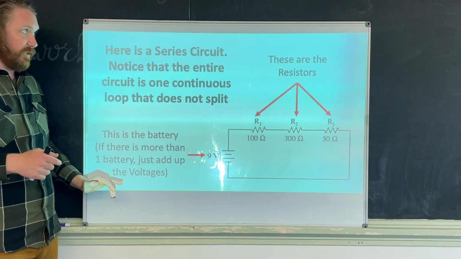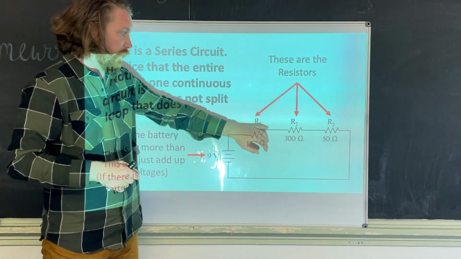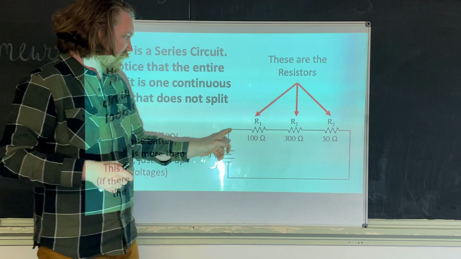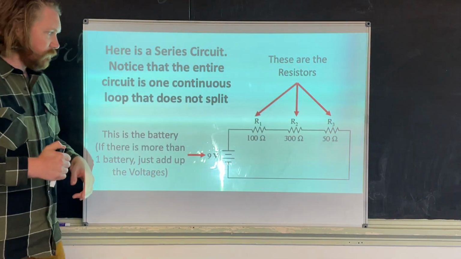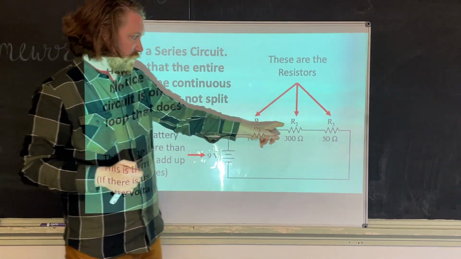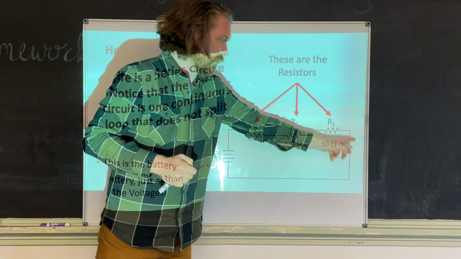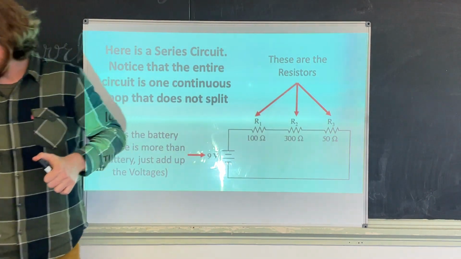Just add up the batteries. Here are your resistors. We usually call them R1, R2, R3, and we always go clockwise whenever we're looking at a circuit. So you come out of the battery, the first resistor eats up a little bit of the voltage, the second one eats a little more, the third one eats more, and then it goes back to the battery to do it all over again.